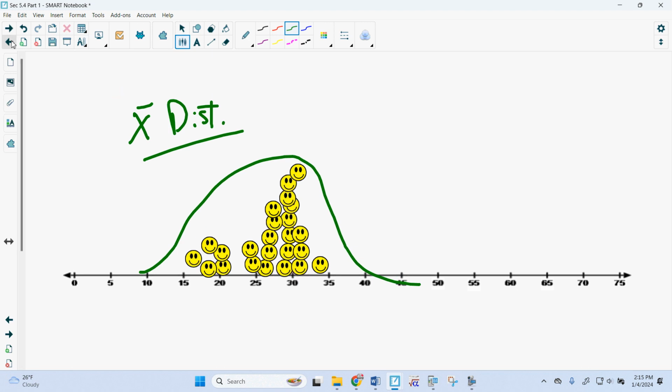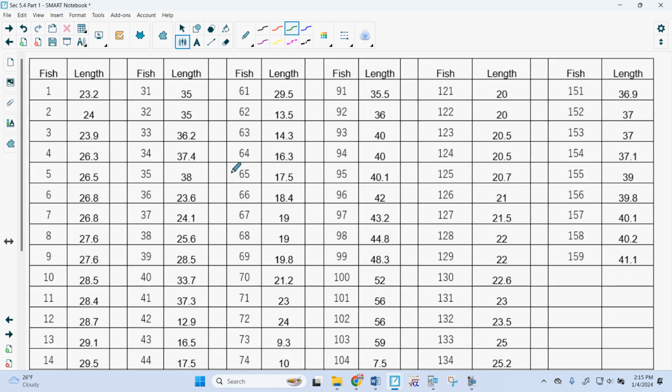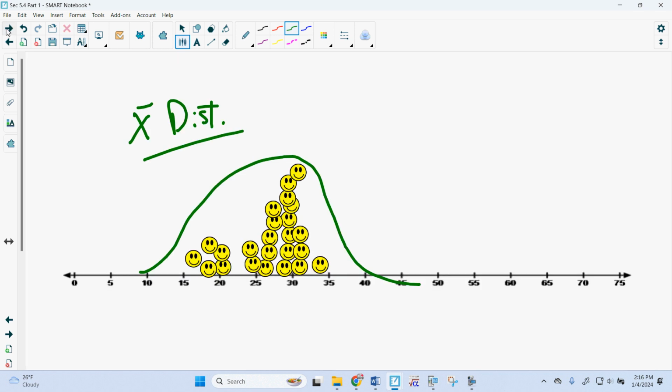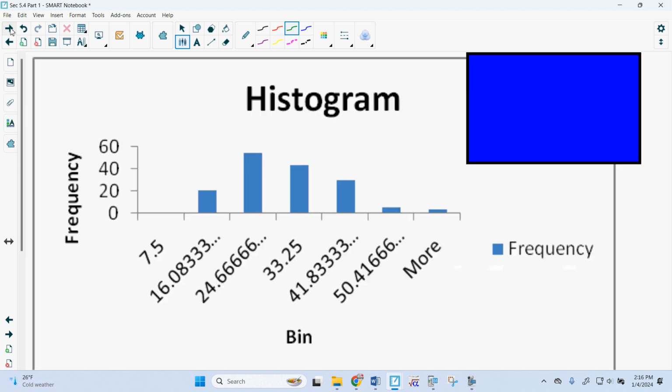Now, if you go back and look at the list, you can see we have some fish that are 59, 56, 48, that are very long. But when we look at our graph, we don't have anything up there, because these dots are an average of a sample size of 10. That's the sampling distribution. Okay.